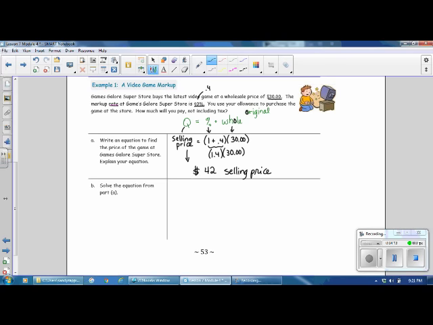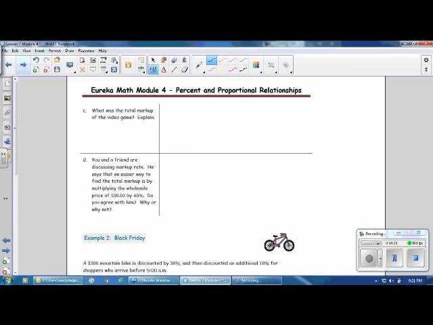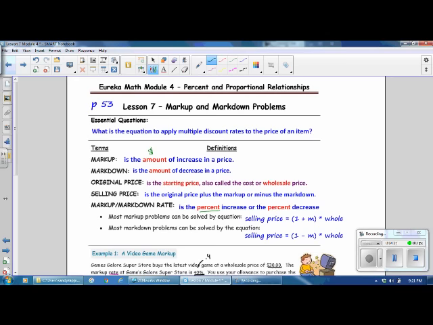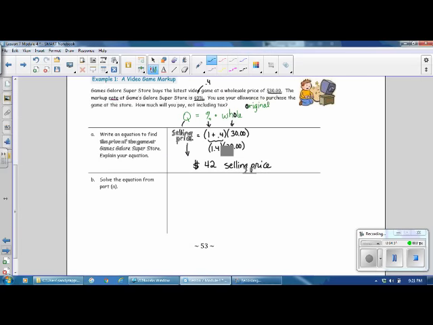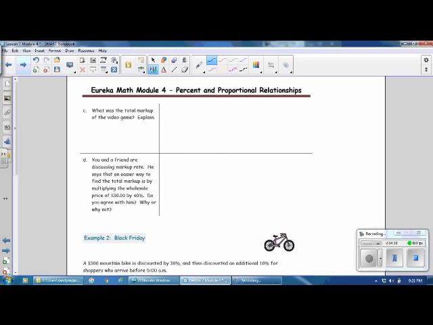All right, so we've already solved the equation as well. C, what is the total markup of the video game? So what we found in the first part of this problem is the dollar amount that is the selling price. And we know that the original price was $30. So it has been marked up by what dollar amount? So we want to find the total markup. Remember that the markup is a dollar amount.